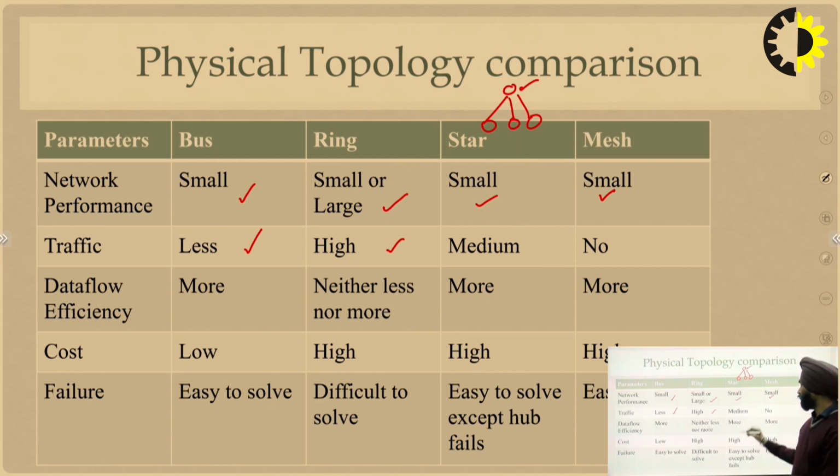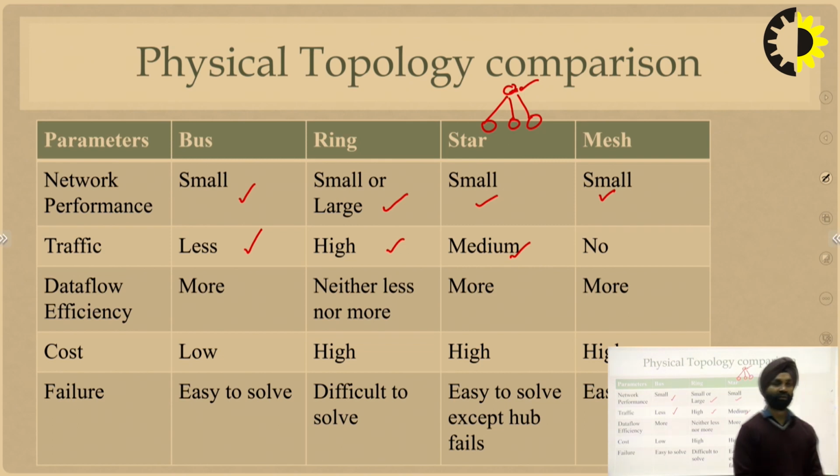Then the star topology has medium traffic, because only the central point will communicate for all types of communication. Mesh topology has a dedicated point-to-point link, so mesh topology has the least traffic in the whole network.